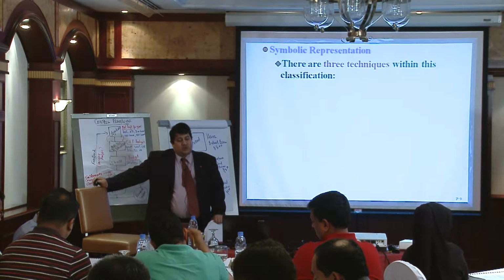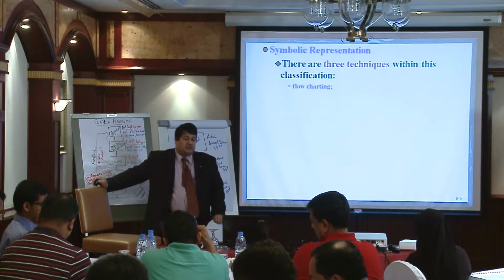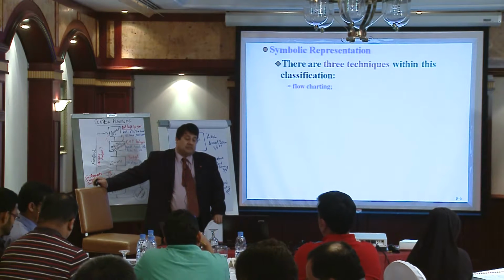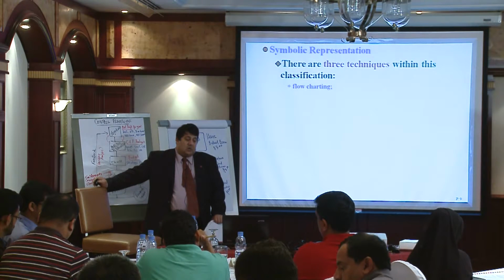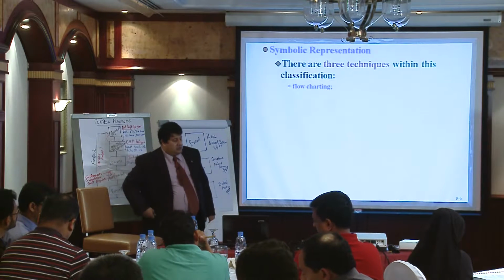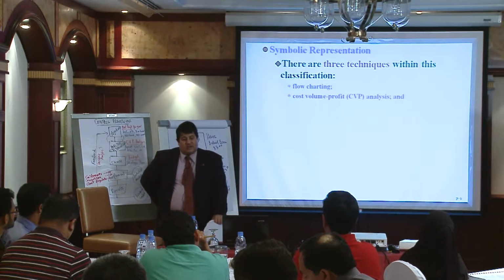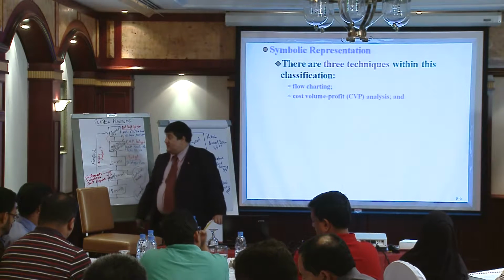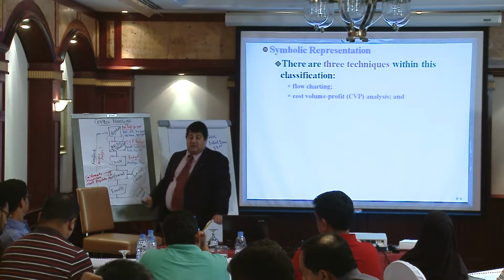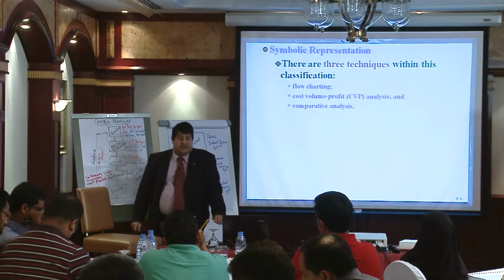So here we are going to look at our distribution system through symbols. Now there are three. One is flow charting. The other one is CVP analysis. You can see that coming up here. And the third one is comparative analysis.